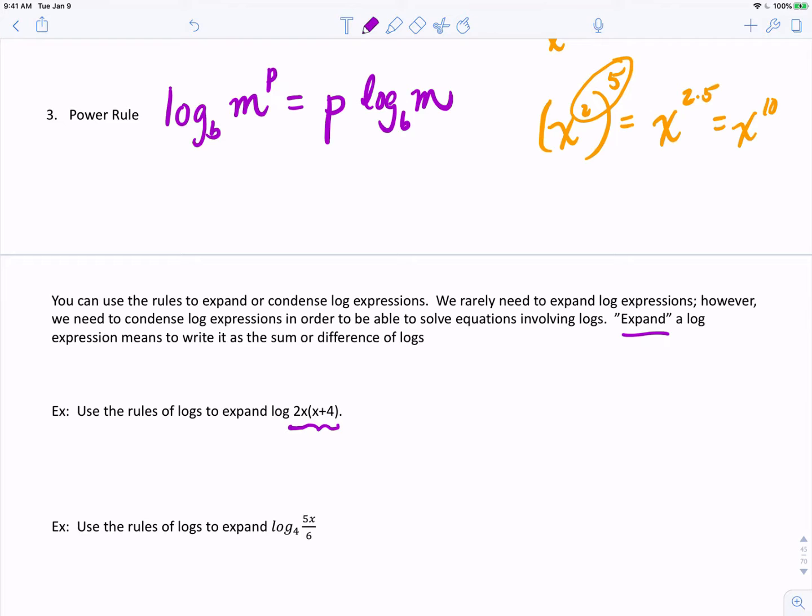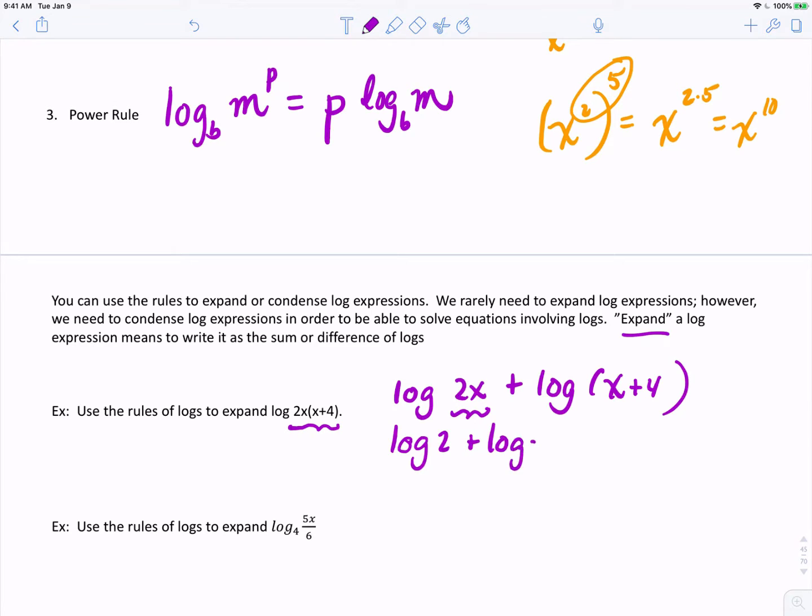So this would be the same as log of 2x plus log of x plus 4. And since 2x is also a product, we can break that up even further. So we can write that as log of 2 plus log of x plus log of x plus 4.